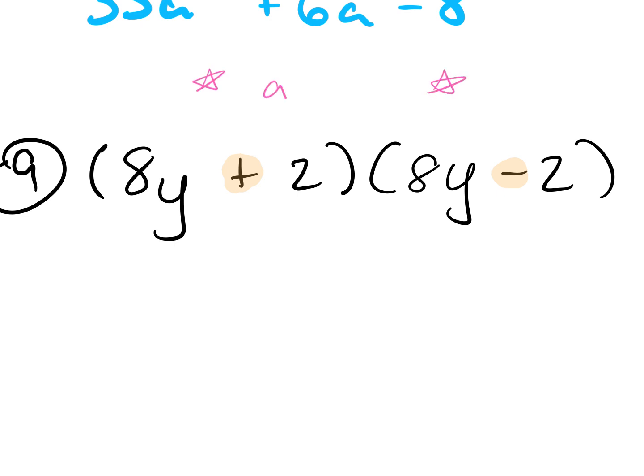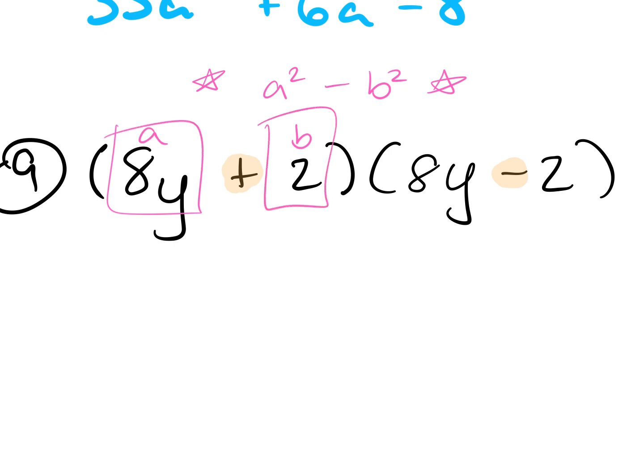Our shortcut for this one is a squared minus b squared, where our first term is our a and the second one is our b. So these are what we call conjugates. This is our conjugate shortcut. Conjugates are when you have the same numbers, but one has a plus and one has a minus.